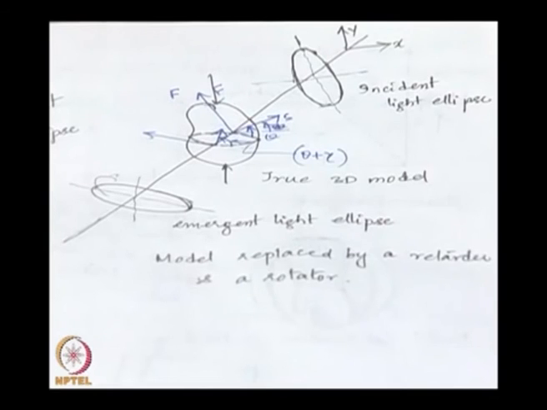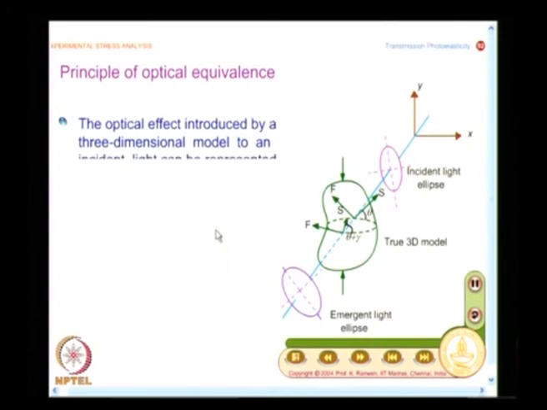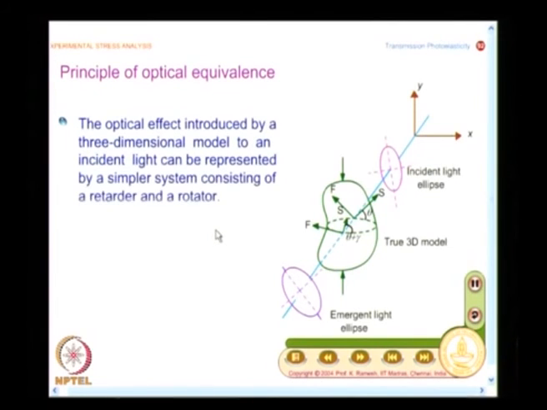So, we will have a look at the points, whatever I have said is now summarized. It can be replaced by a simpler system consisting of a retarder and a rotator. A retarder will give a retardation and a rotator will rotate the light ellipse.